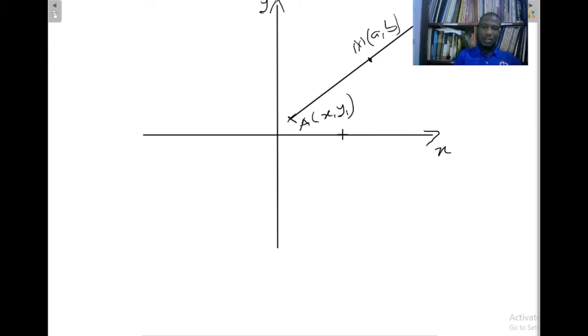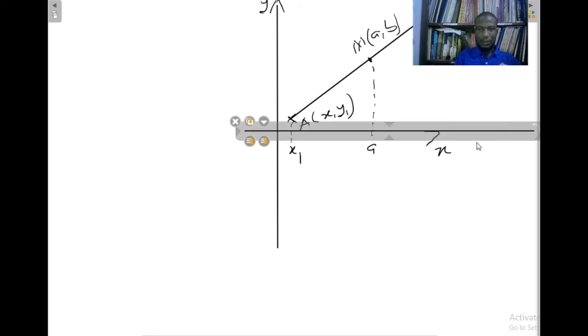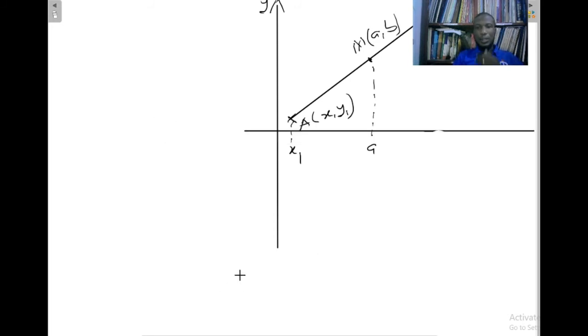What this means is that we have x1 here, we have A here. Let me move my line towards this direction a little. Good. Then we have our x2 here.